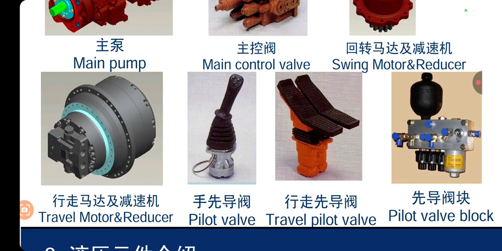The charging pump is already sending the oil to the pilot valve, and that will be transferred to the main control valve assembly for operating the spool only if I operate the main lever within the cabin. Okay, so this is how it works.